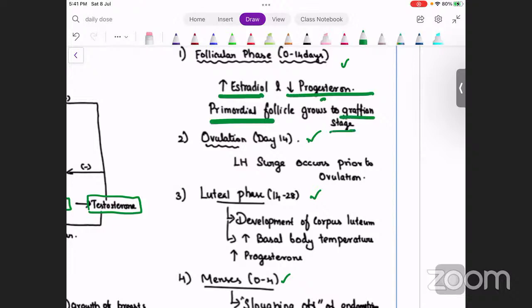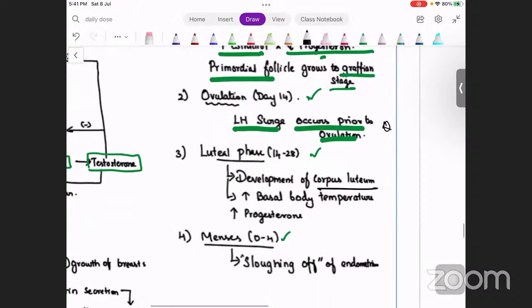Ovulation occurs on day 14, and the LH surge occurs prior to ovulation. Very important MCQ. Then the luteal phase, where you see the development of the corpus luteum and an increase in progesterone.